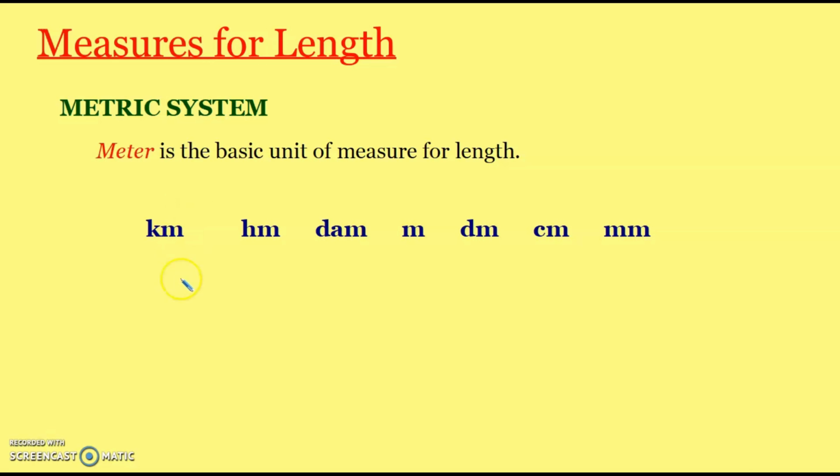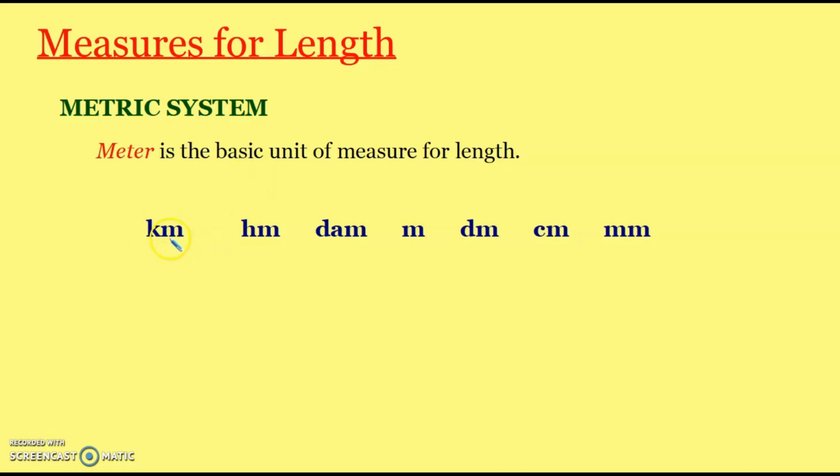And the song goes like K M H M D A N M D M C M M M. So you just have to recall the tune Twinkle Twinkle Little Star, and with that, you'd be able to enumerate or list down the units of measure in our metric converter.